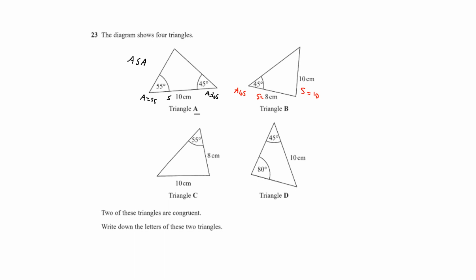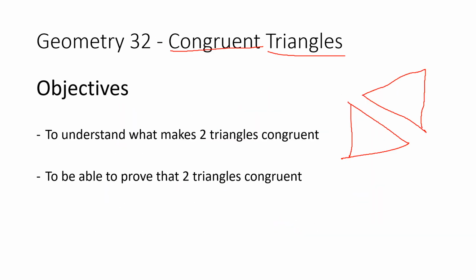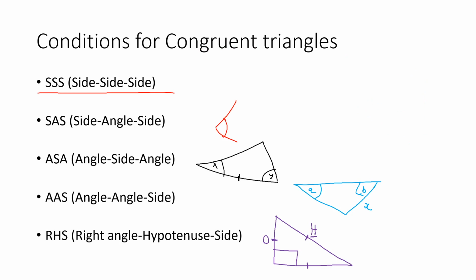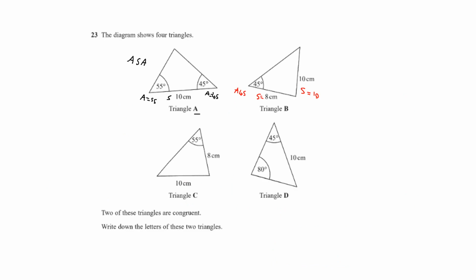But as you can tell, if I go back to my slides, there is no way of using ASS to show that triangles are congruent. So we can rule triangle B out from this question.